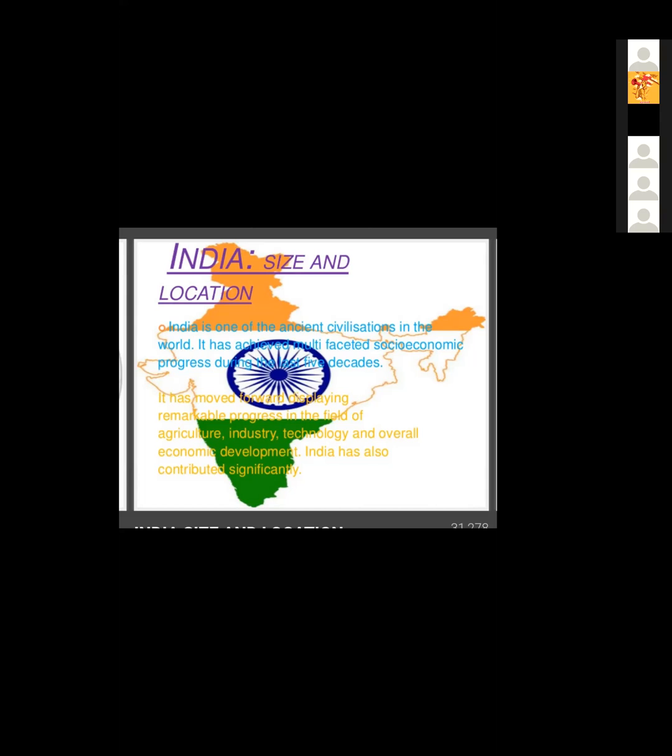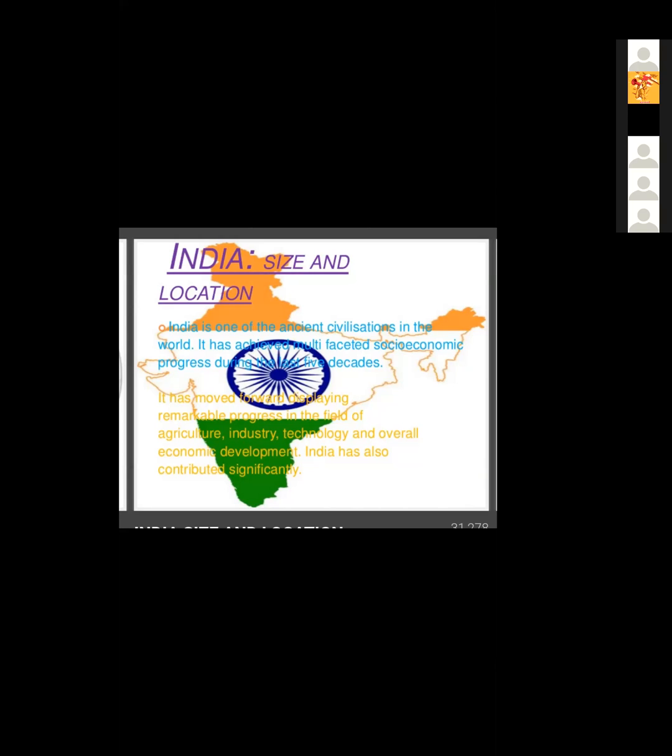It is divided by the Tropic of Cancer into almost two equal parts. In the southeast, the Andaman and Nicobar Islands lie in the Bay of Bengal. In the southwest, the Lakshadweep Islands lie in the Arabian Sea.